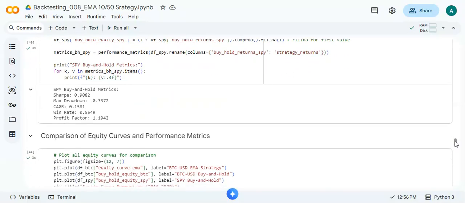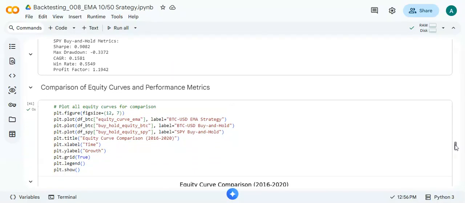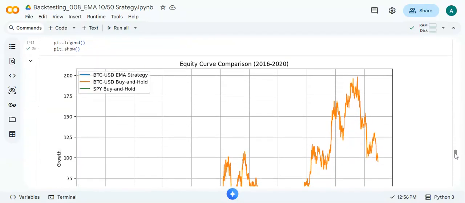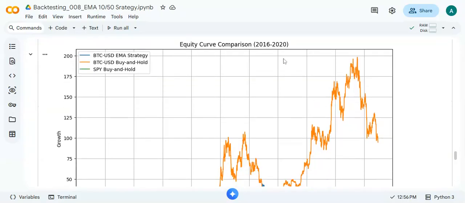Okay, so let's now jump into the equity curve to visualize what went right and what went wrong, and then we'll jump into the final table where everything is clear and obvious. Yeah. So here, equity curve comparison for 2016.